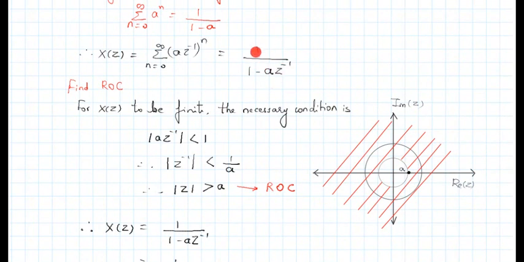Here the simplest trick that we could apply to find the ROC would be to avoid those values of z which make this particular z transform reach a value of 1 by 0. The moment this z transform becomes 1 by 0, there is a chance of getting infinity. So we need to avoid that situation.